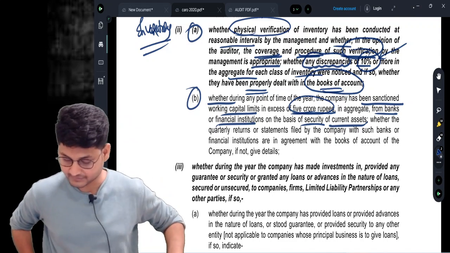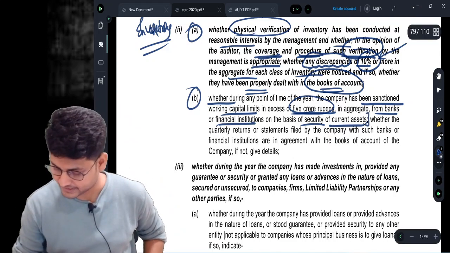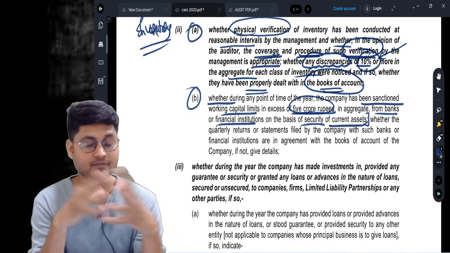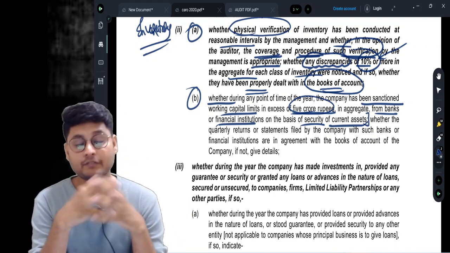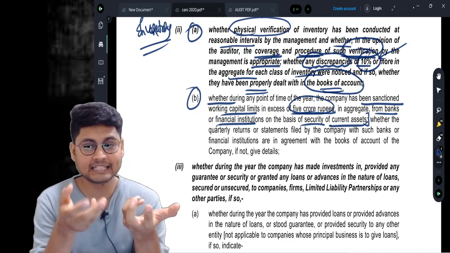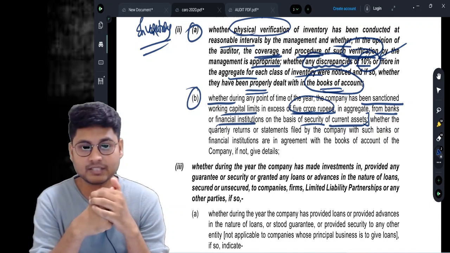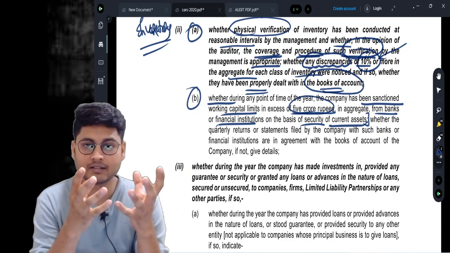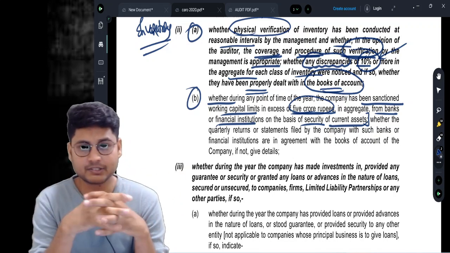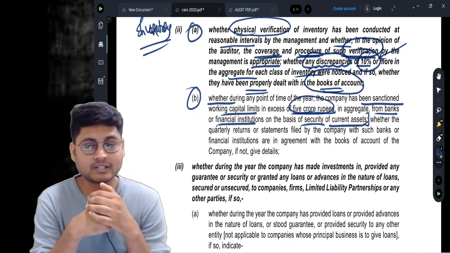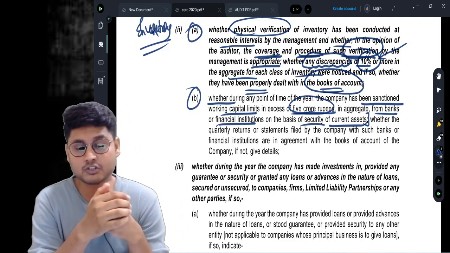Where are we? Yeah, till here I completed. Now, when the company takes a loan from a bank, the bank needs the company to show the quarterly returns, how they have utilized the money, the details of the stock, etc. That is what is called stock audits.